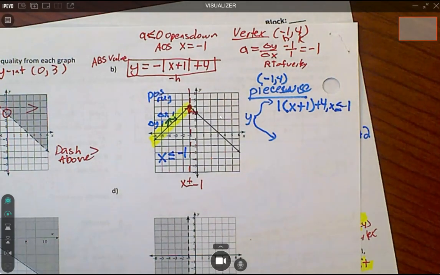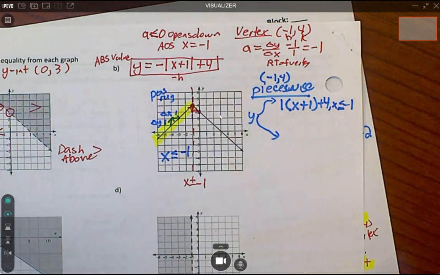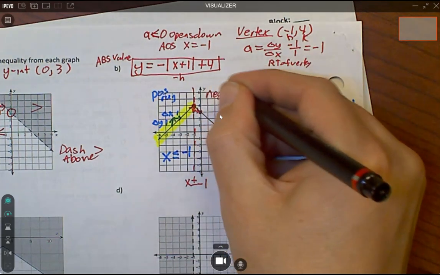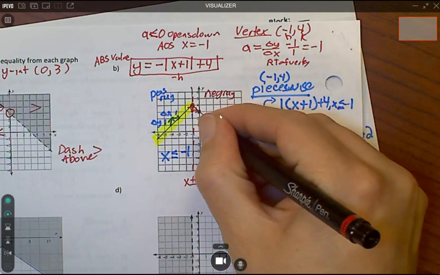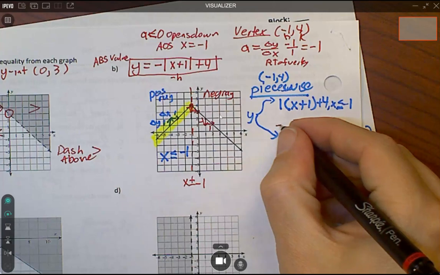So you always have to give the domain. And now let's talk about the negative ray. The slope is down 1, right 1. We already found that from the absolute value function. So you go -1.